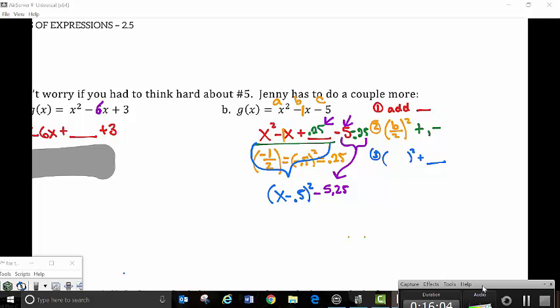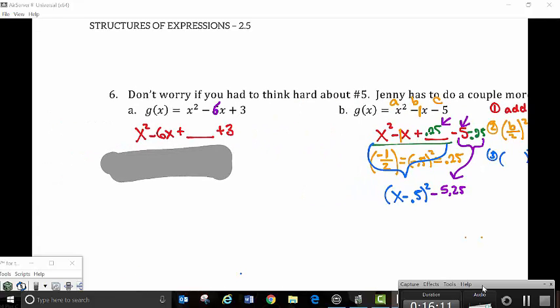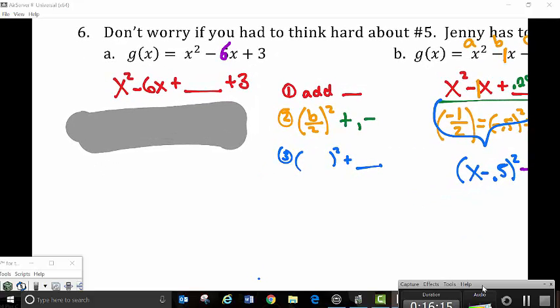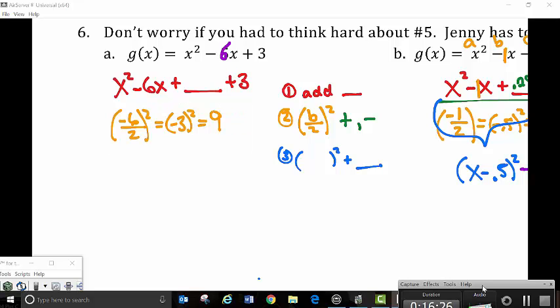So let's try that again with something a little easier. Okay, I'm going to change that middle number to 6 to make it easier. And we're going to say, rewrite it with a space, move the 3 over. Number 2, take half of the middle number and square it, and then add it to both parts. So add 9 and subtract 9.